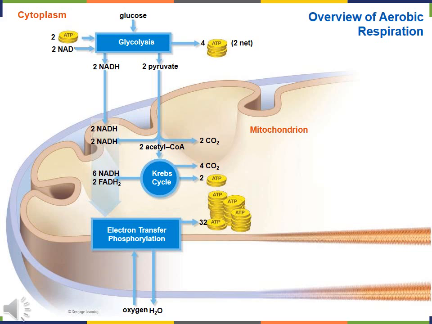Okay, and note the difference in how much ATP is being netted in this case. All right. And then the next slide will explain this electron transfer chain. The word phosphorylation just means that a phosphate group is being removed or added to another phosphate group. Okay.